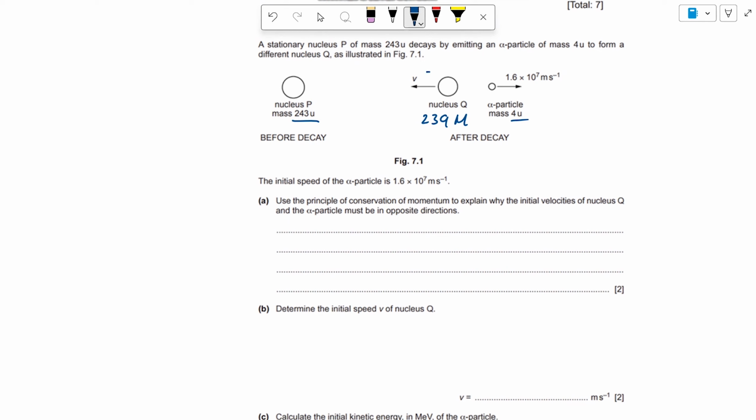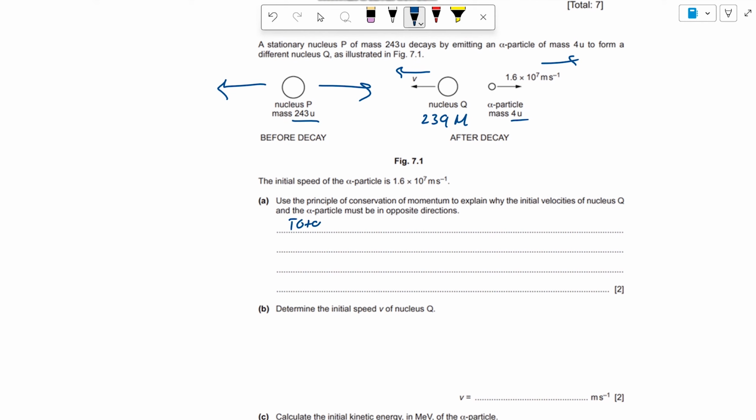Now we need to explain, using the principles of momentum, why the velocities are in different directions. That would be because the total momentum before the decay is zero. Nucleus P isn't moving, it's just sitting there, so its momentum is zero. And in order to have a total momentum of zero, we need to have the products traveling in opposite directions.